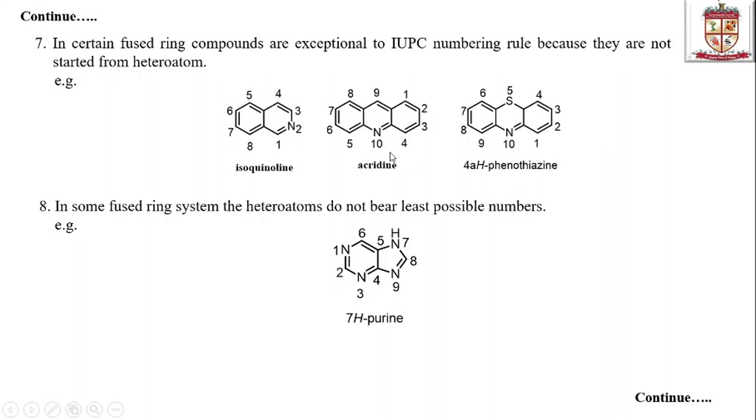In the same way in acridine, the numbering is given like this: 1 2 3 4, then 5, then 6 7 8 9 and 10. That is, the last number carries the nitrogen.